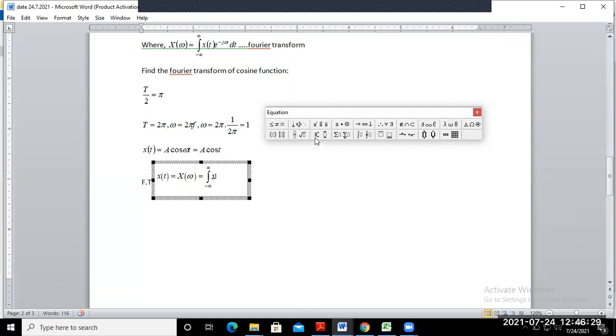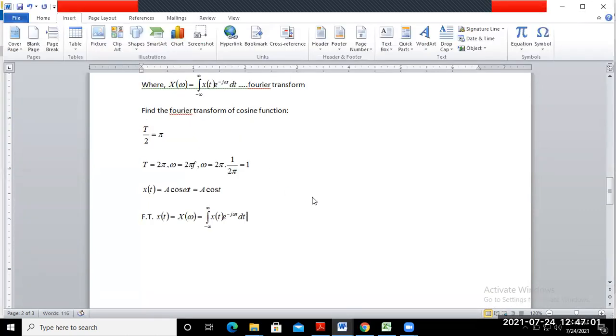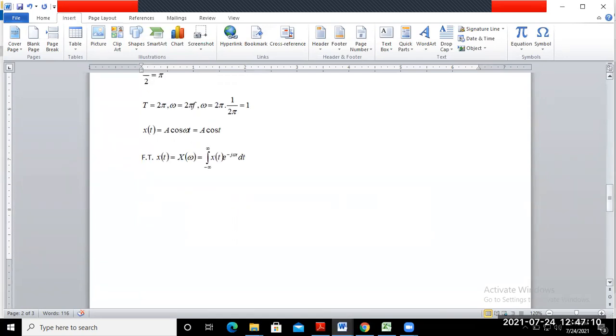So just put here the value of x(t) and integrate this one. So x(t) into e to the power minus j omega t dt. Okay, so just put here the limit from minus pi by 2 to pi by 2 and put the value of x(t) equal to A cos t and just integrate.